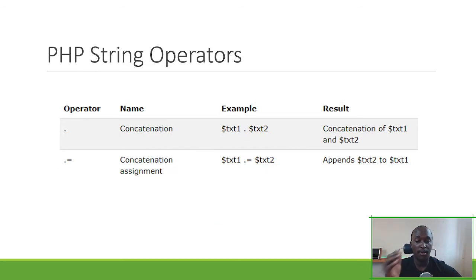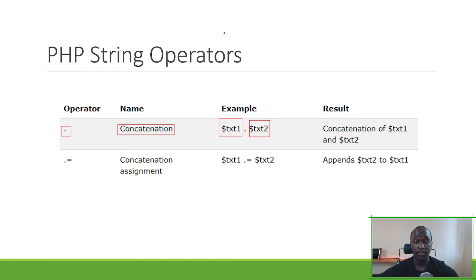Okay, then we have string operators. String operators are mostly used to join strings together. So for example, we have the dot operator, which is used to join two strings, to concatenate. So if you have text1 and text2, and you do text1 dot text2, then it's going to join them together.